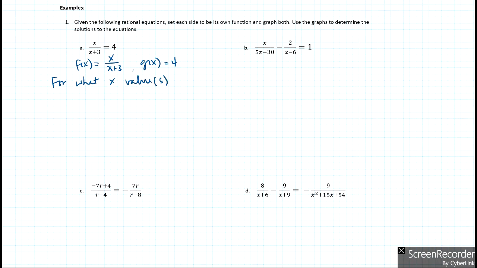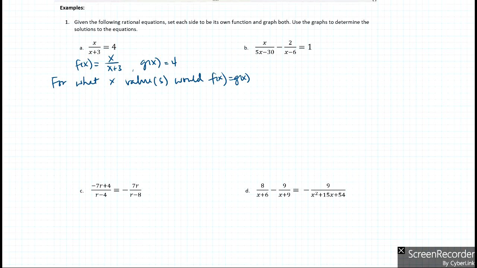It might be multiple values depending on the context. In other words, once we graph it, we want to find where the y values would be the same and also the x values would be the same. Graphically, that means we would be finding the points where these two graphs intersect with each other, and that's what we're going to be looking for.